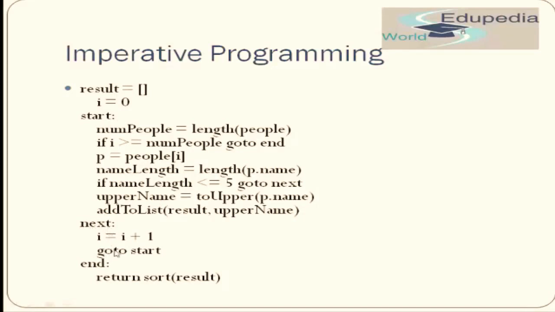Then to call start again, we are using goto start. So don't go by the syntax. It could be the syntax of some other programming language, but it is used here just to show you how imperative programming is implemented. It contains a sequence of statements and how the sequence should be followed, telling us using statements like next, goto, and so on.